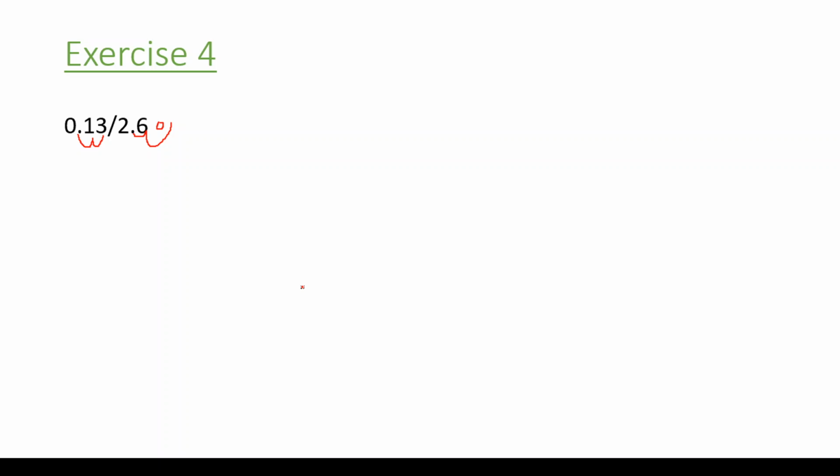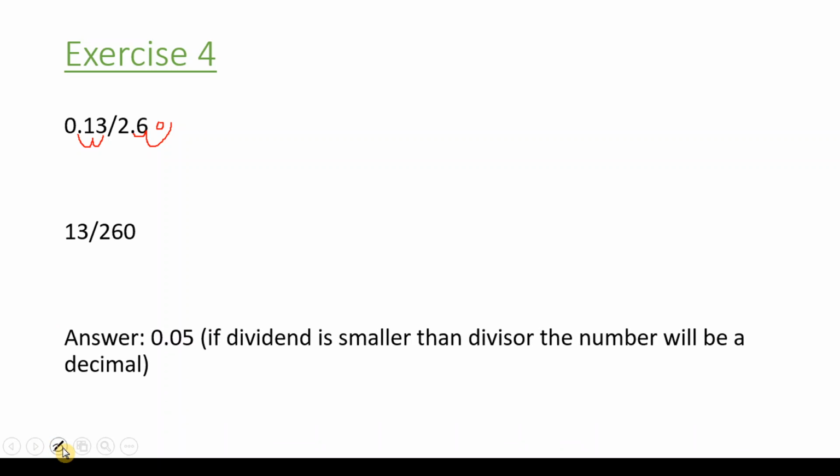Okay, so that's half a minute up. Now, at first sight, this might be like, Thomas, this is going to give me some crazy weird number. Actually, it's not, because it's 13 divided by 260. Knowing this, you can probably solve it out. It's going to be 0.05.